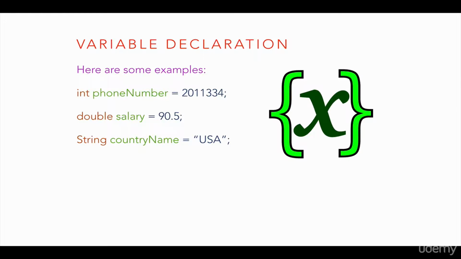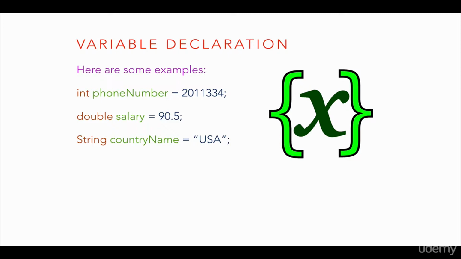I start my variable name with a lowercase letter, and for the next words I use an uppercase letter, for example, phoneNumber, countryName, or tableName, or other names which we will become more familiar with later in the course.